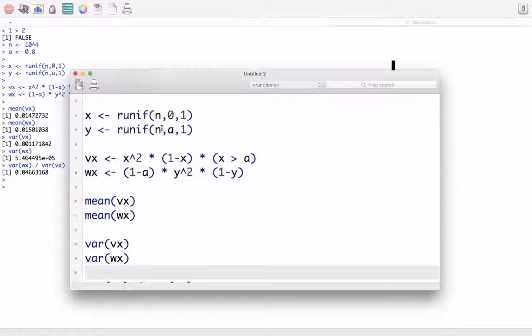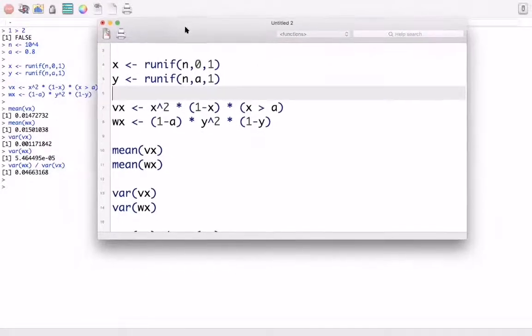Like for example this one, it's starting from a instead of starting from 0. So this is another important method in variance reduction, in addition to the other two that you learned, antithetic variables and control variables. Importance sampling is also pretty cool.